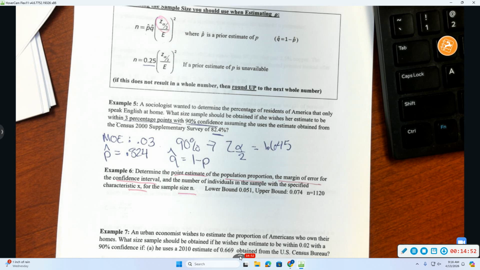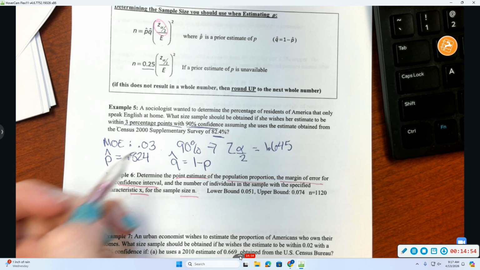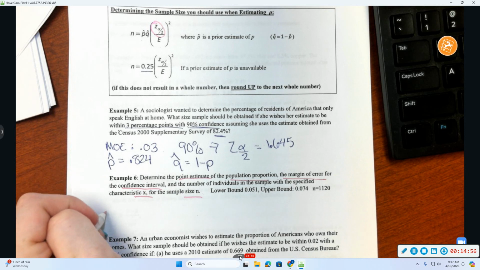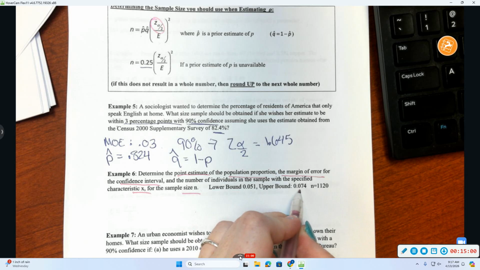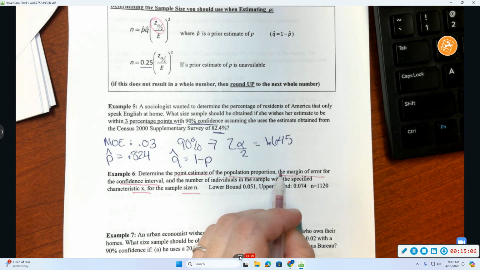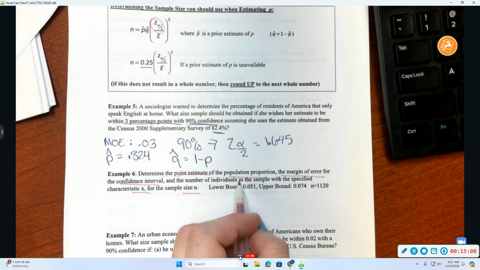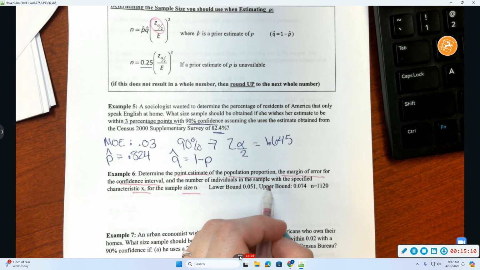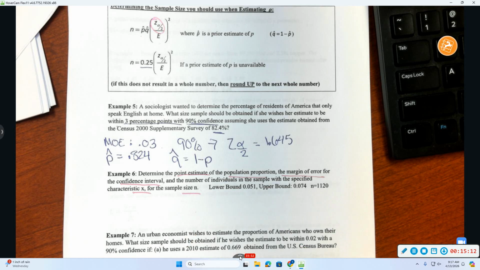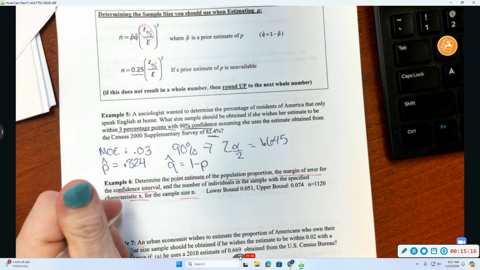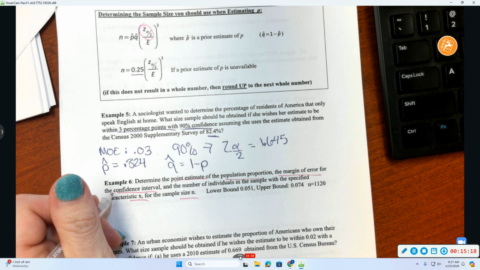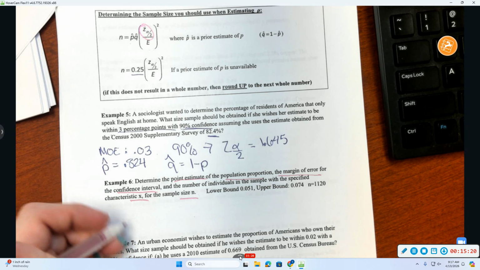I want to know what is halfway in between 0.051 and 0.074. P hat's not that bad to find. We're not given a percentage here.